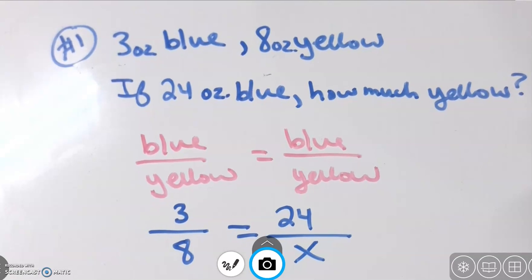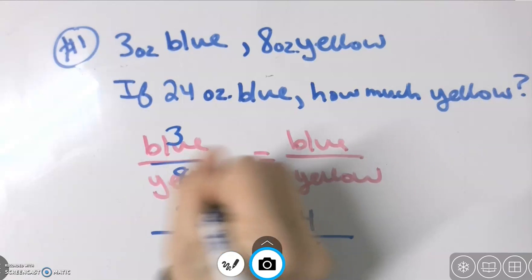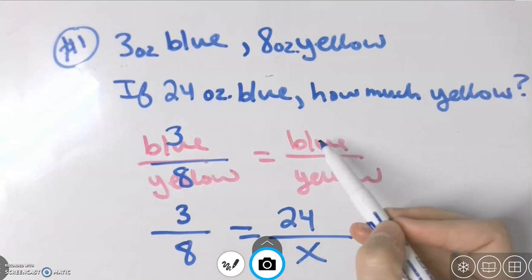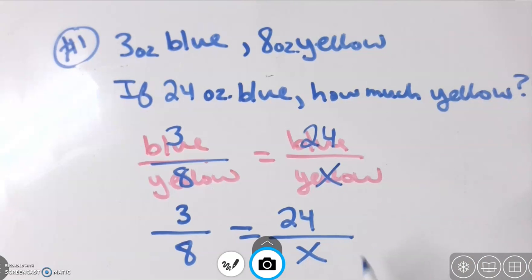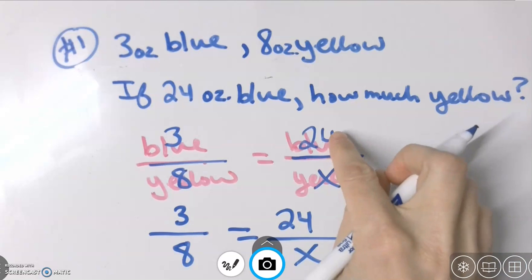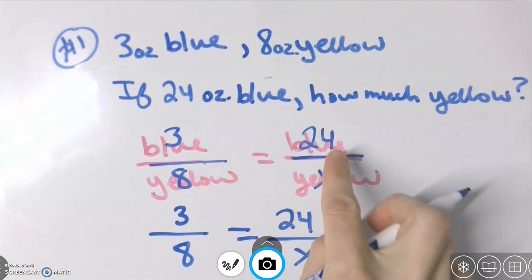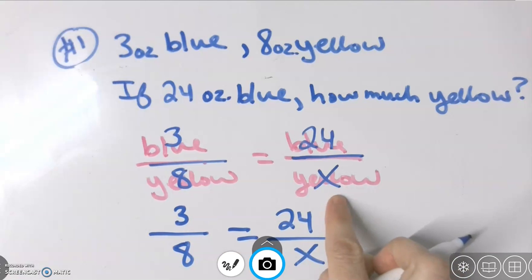So this is how I'm going to have it set up. And again, you want to label it, so 3 over 8. And then I'm replacing 24 blue, so 24 goes on top. And then my unknown is my x or my yellow here. It's super important that you put 24 on top here because that's blue. 24 blue over my unknown, my yellow, on the bottom.